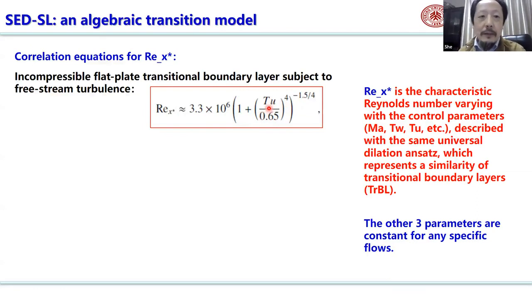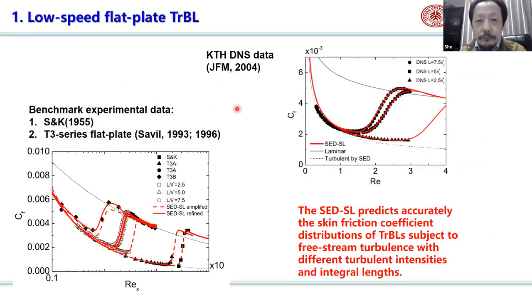It's not so complicated. Let's look at the result. There are no other fitting parameters. All this 0.65 is a transition one, and also this transition Reynolds number at a very low incoming intensity. Here are the results. There are no fitting parameters. There are the SNK experiments, the T3 series flat plate experiments, and also our colleagues' KTH DNS data.